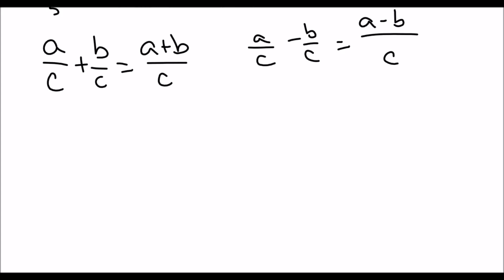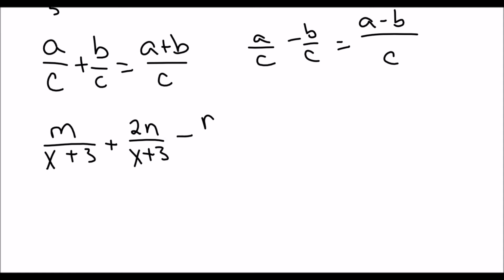So taking this a step further, let's say that the problem asked you to combine these three fractions, and the fractions were m over x plus 3, plus 2n over x plus 3, and minus n over x plus 3.